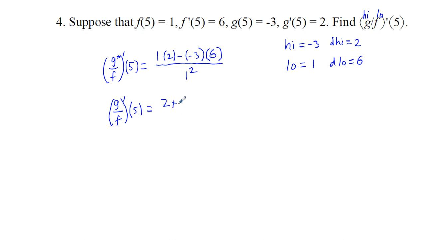So it's going to be 2 plus 18 over 1, which is going to be equal to 20. So that's going to be (g over f)' of 5 is equal to 20.